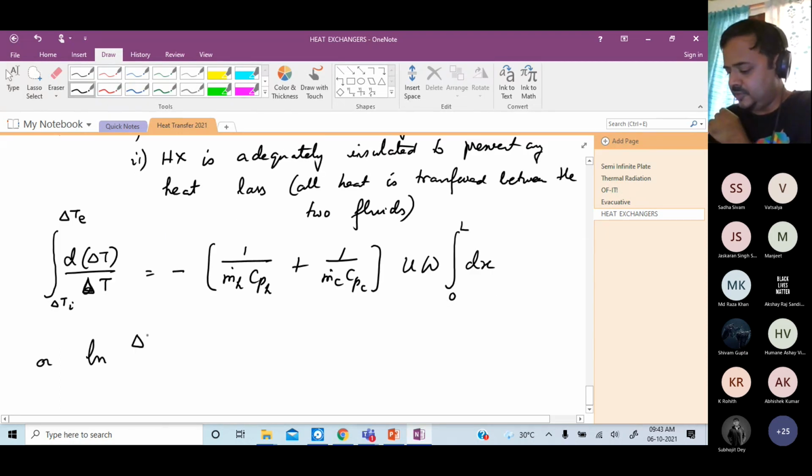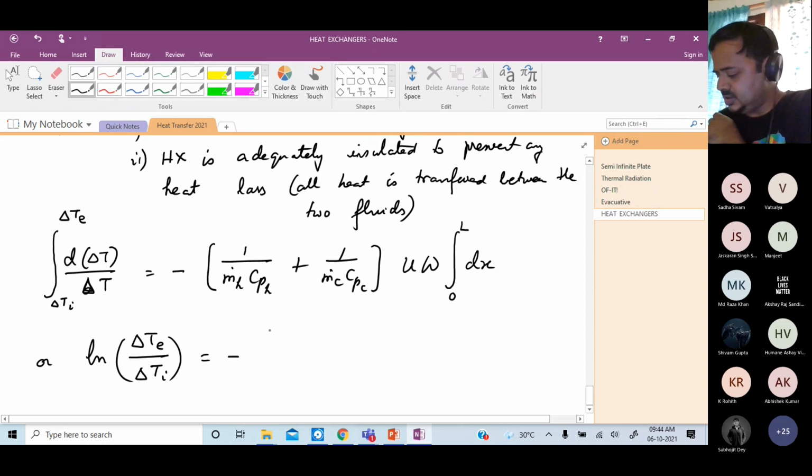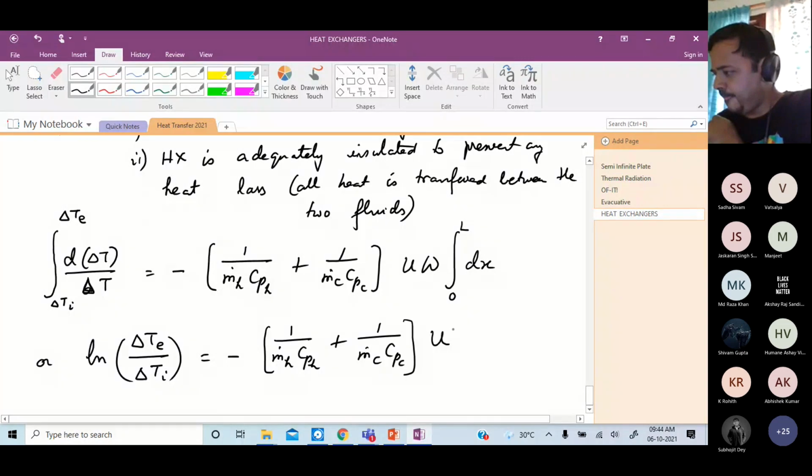I'll write log of delta T e over delta T i is equal to minus U, and what is W dx? This is W times L, which is A.